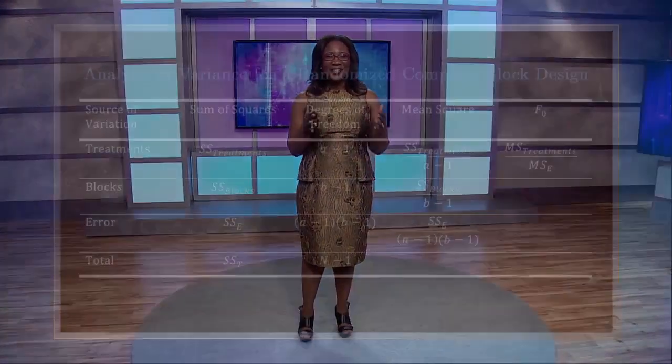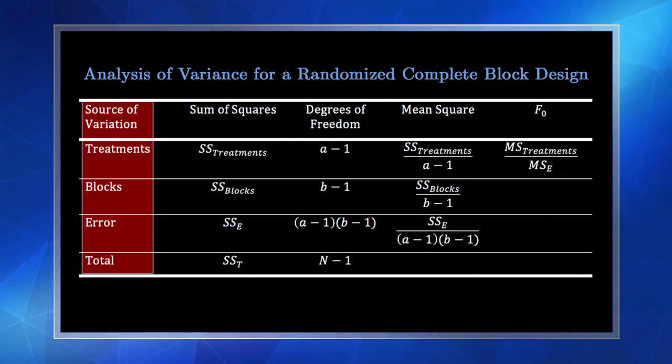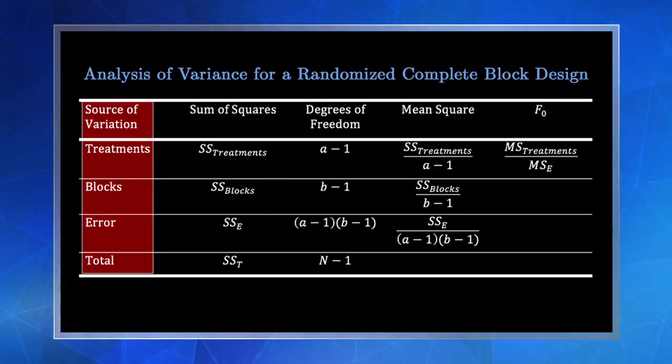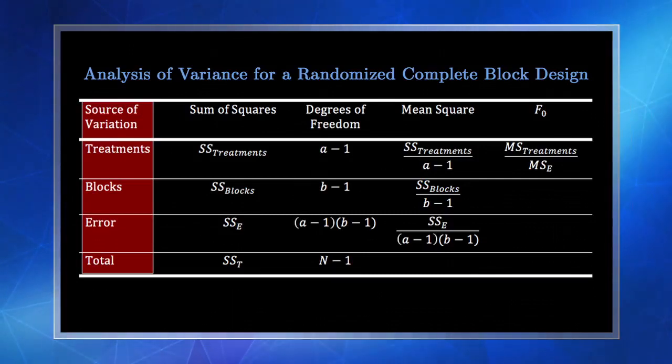Now, what does ANOVA look like in a randomized block design? Well, here's the output. Notice that the first column has the source of the variation: either source due to treatment, source due to blocks, source due to error, or the total.